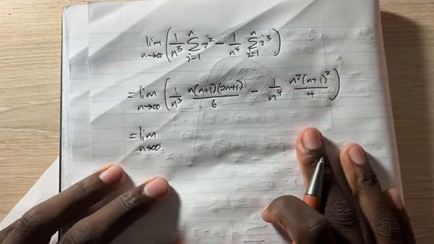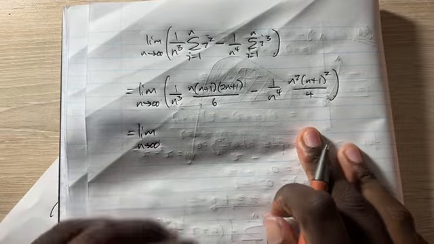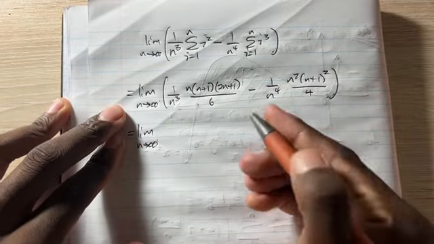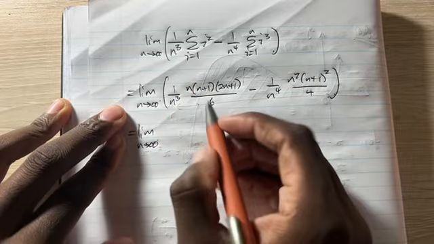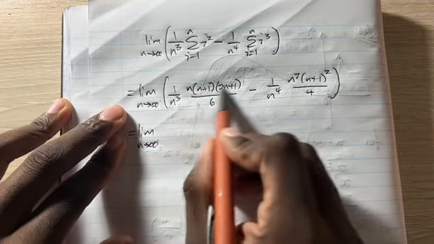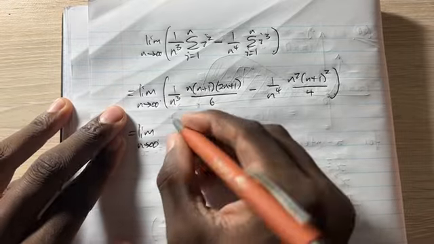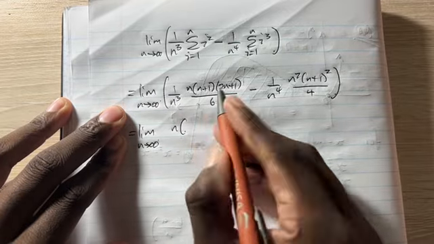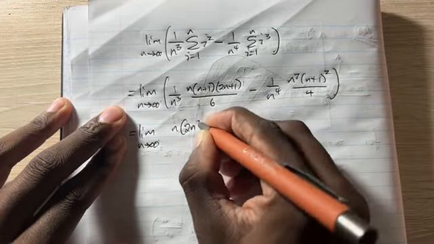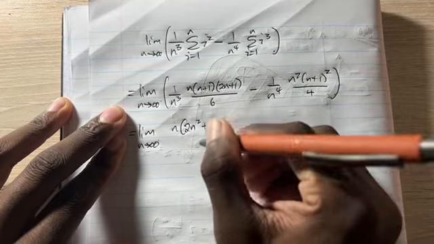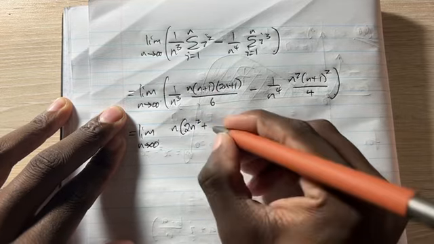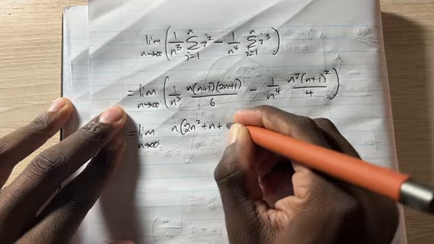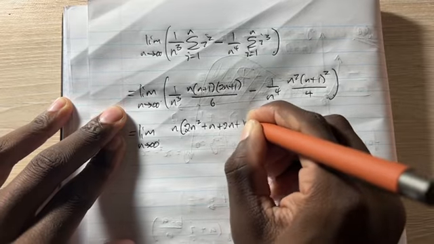To evaluate the limit, I'm going to try to show that a lot of things are 0, and then we're going to end up with simpler stuff. On the top, let's multiply that out. n times 2n gives 2n squared, n times 1 gives n, then 2n, and 1.